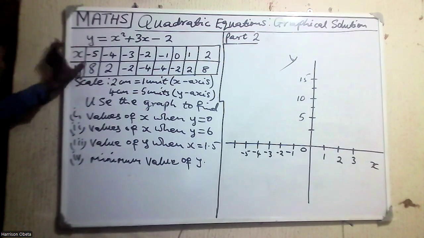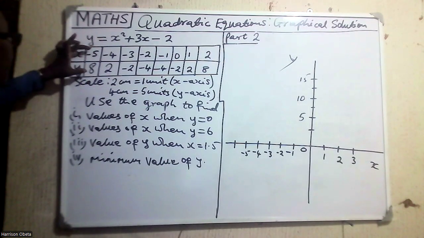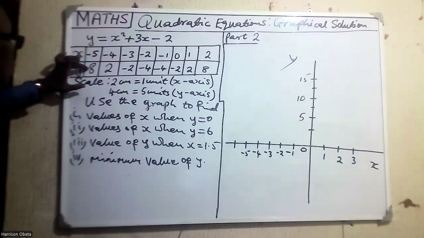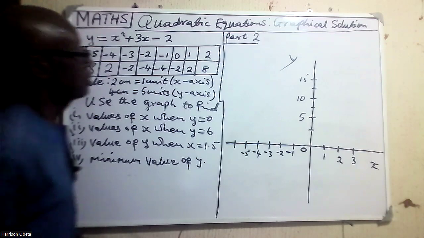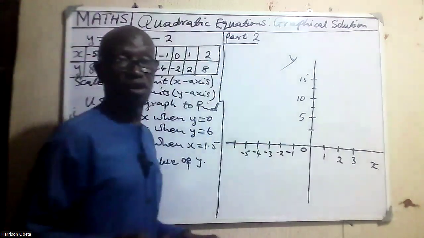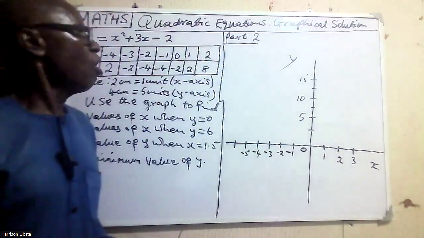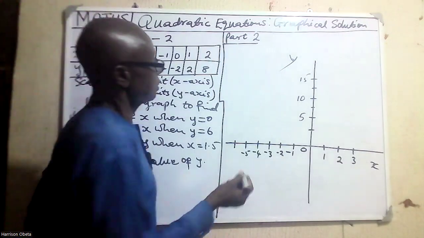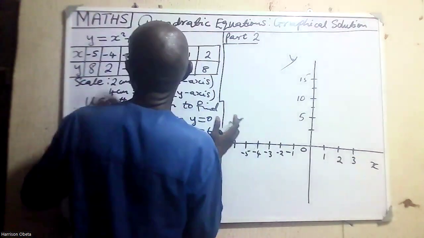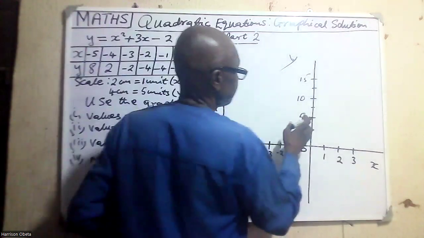x-axis, y-axis. So when x is -5, y is 8 positive. If you are using your graph sheet, it'll be more accurate, but let's see what you can do. So this is 8.